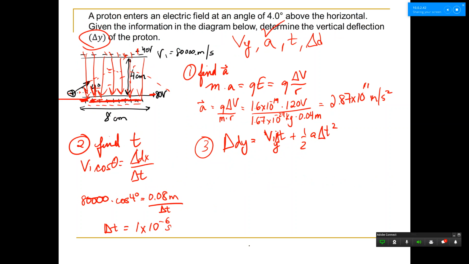Which means that we're going to have, actually I'm just going to write down numbers now. 80,000 sine 4 degrees times delta t, which is 1 times 10 to the negative 6 seconds, plus 1/2 times the acceleration, which is 2.87 times 10 to the 11 meters per second squared, multiplied by time squared. 1 times 10 to the negative 6 seconds squared.